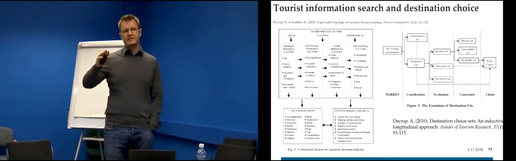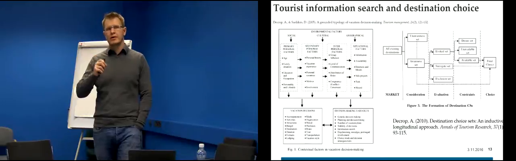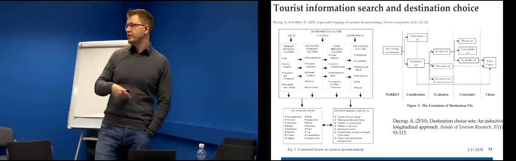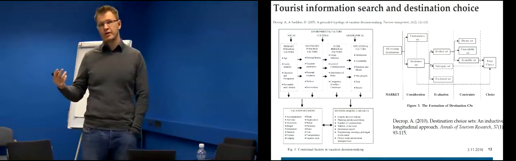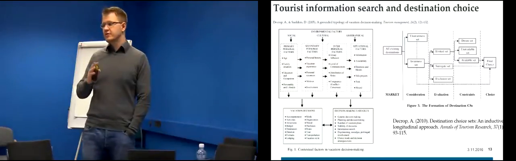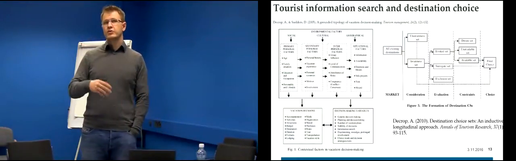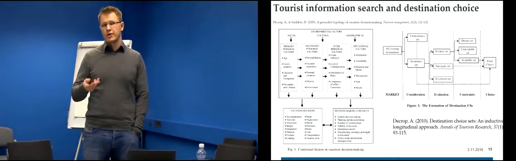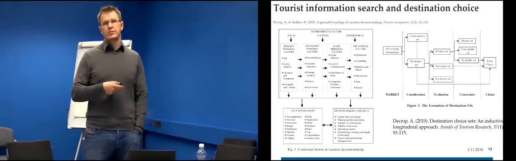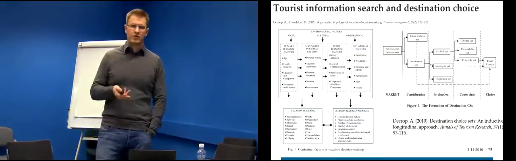Among all these destinations, some of them you are unaware of. You don't know that you even have the possibility of going there. But then you have a huge set of different places where you could travel to, that you are aware of, that you can consider to be your next travel destination.